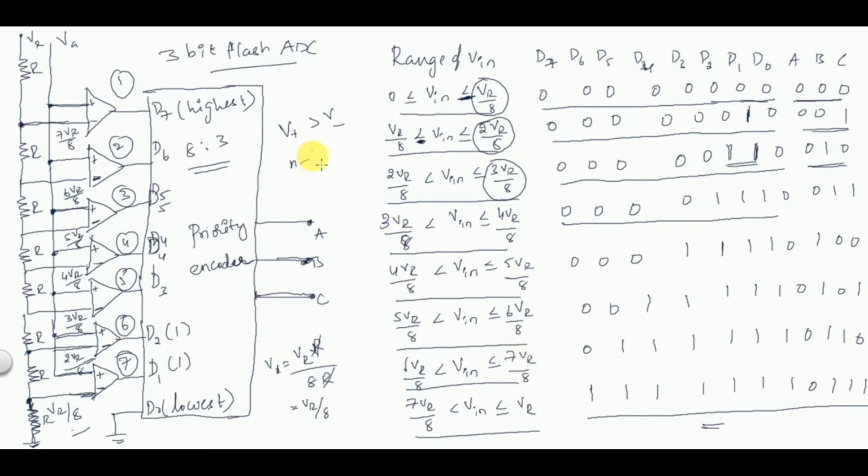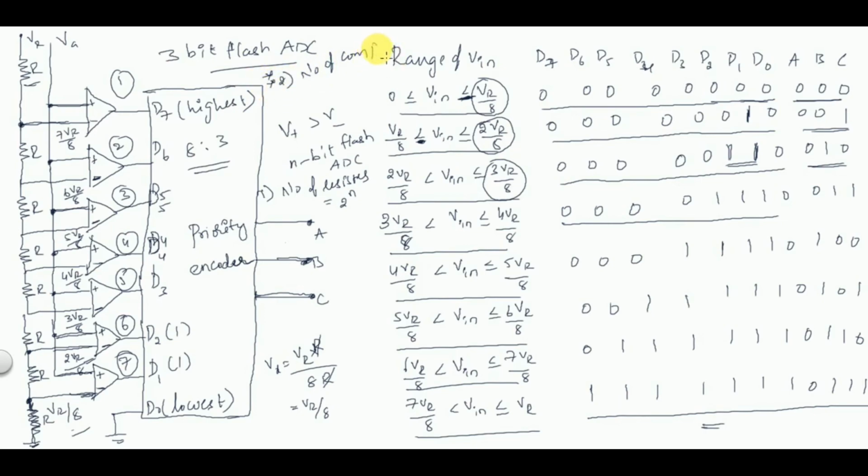So for n-bit flash ADC, there are 2 important points. The number of resistors required is equal to 2 power n. For 3-bit flash ADC we have 8 resistors of R value, which is 2 power 3, equal to 8. The second point is the number of comparators, which is asked most times.